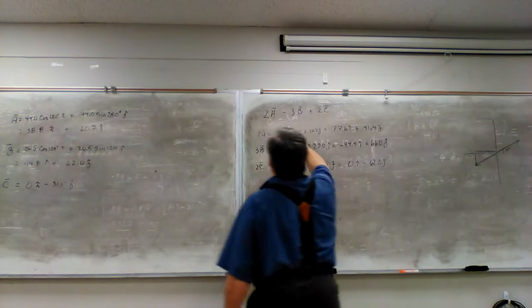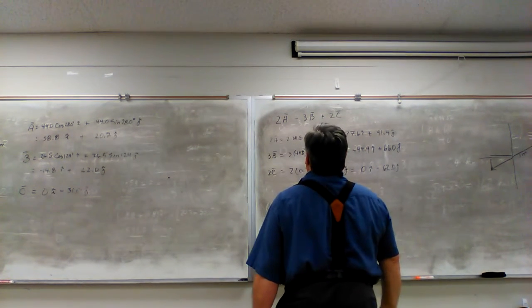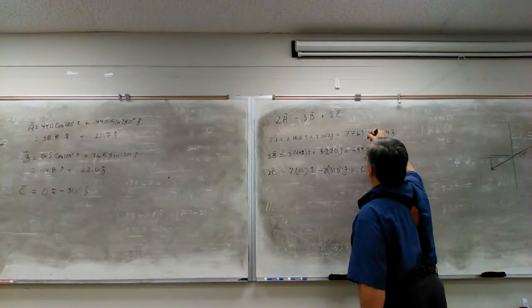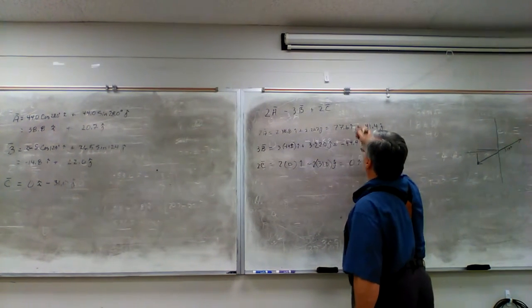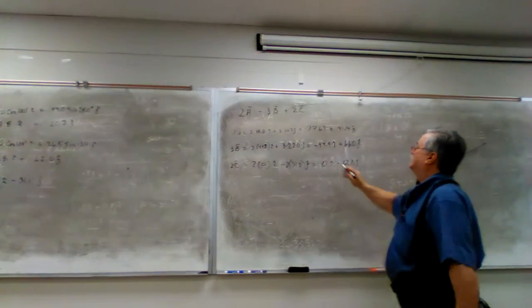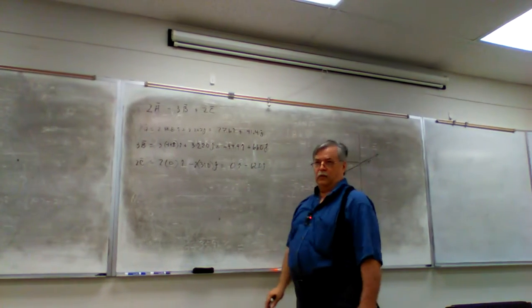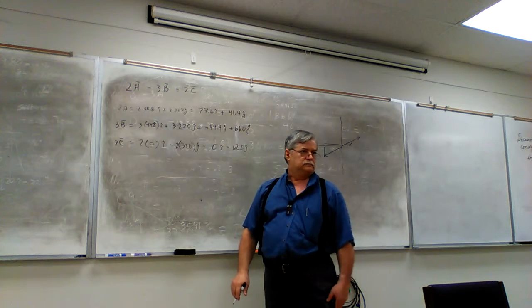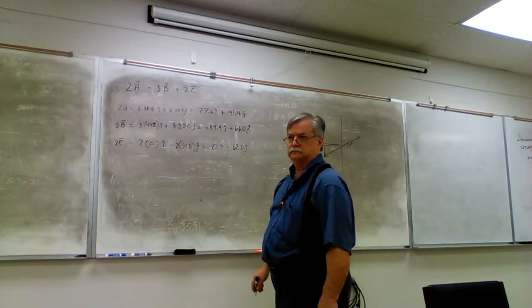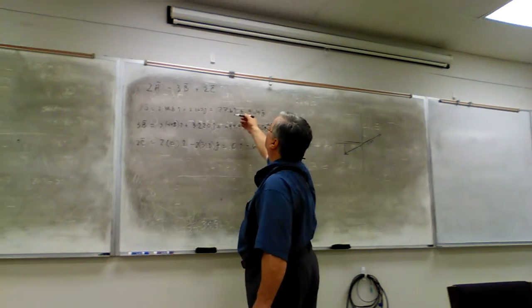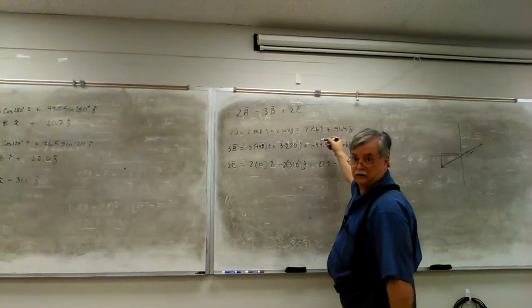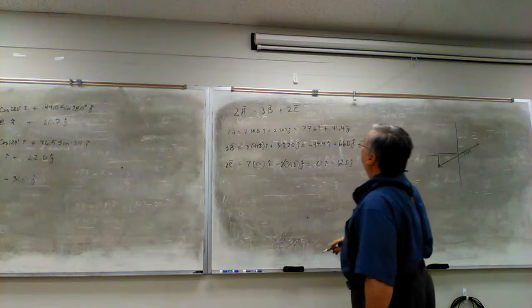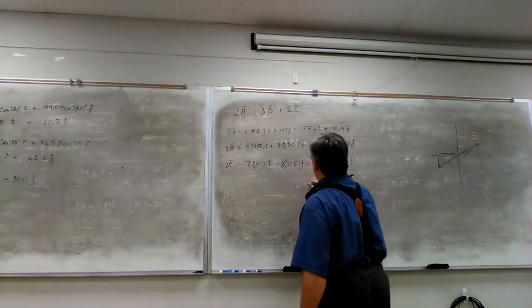So 2A minus 3B plus 2C. We've got this minus this plus this, so 77.6 minus negative 44.4 equals 122 plus 0 is still 122.